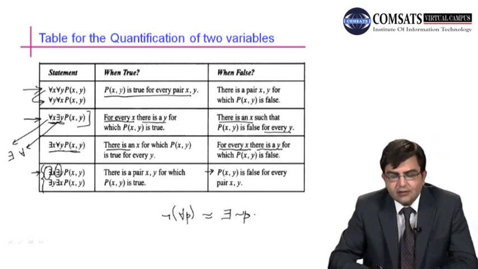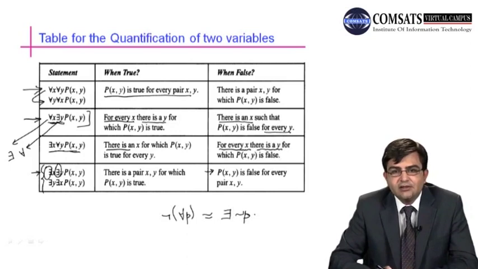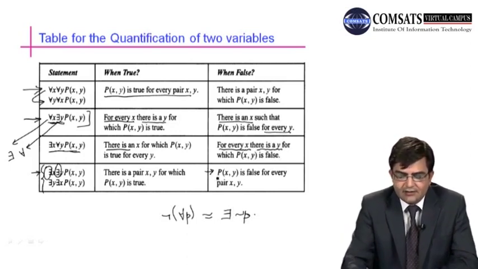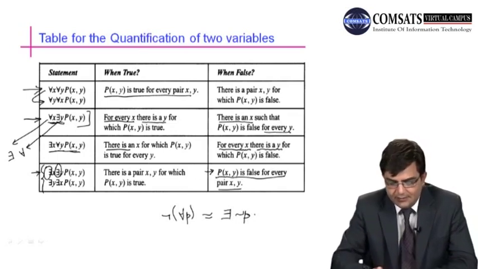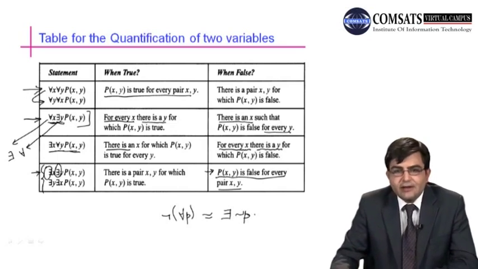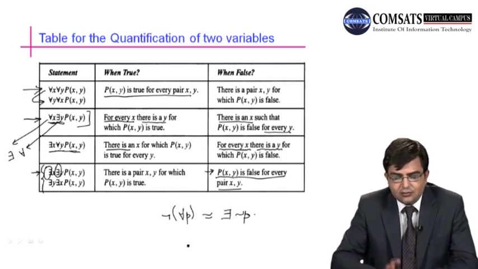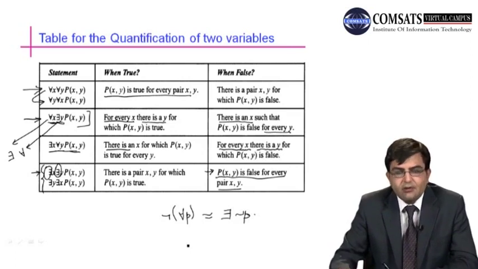So the negation will be the universal quantifier for both variables. So this is false when P of xy is false for every pair x, y. So I hope you understand how to interpret the truth values of the statements involving multiple quantifiers.